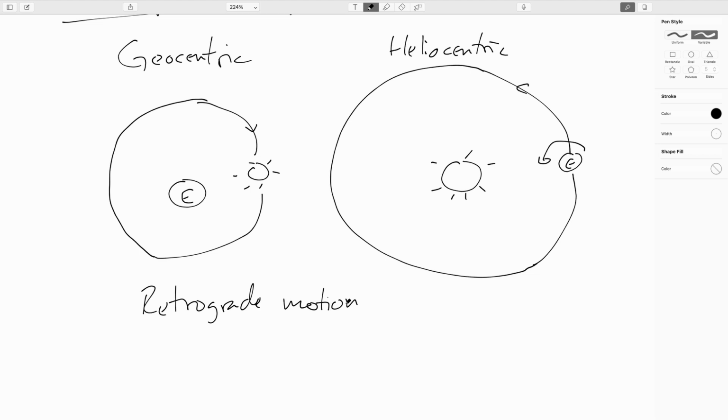Every so often, it'll loop back and go the other way around for maybe a month or so, heading eastward in the night sky against the fixed stars before going back westward again. So this was a wandering kind of motion, so it picked up the name wanderer, which turned into planet in English.